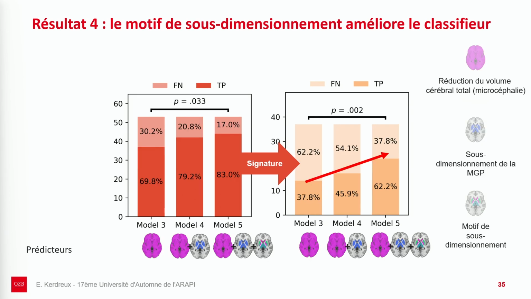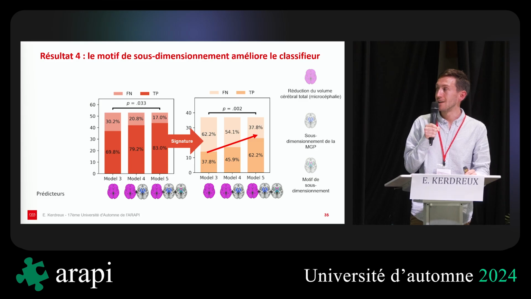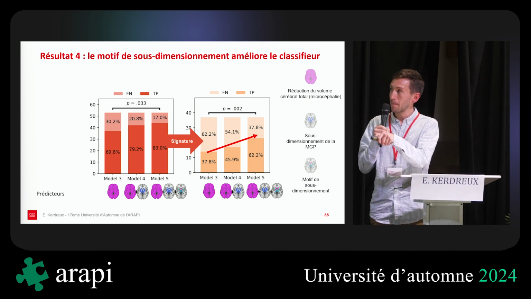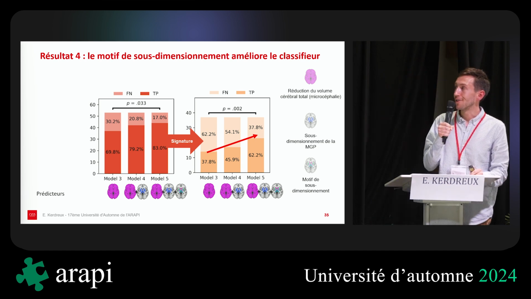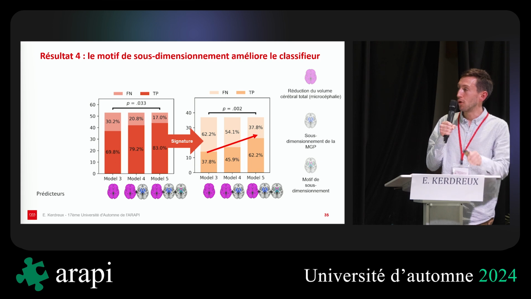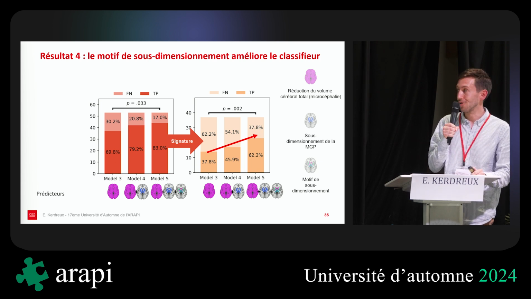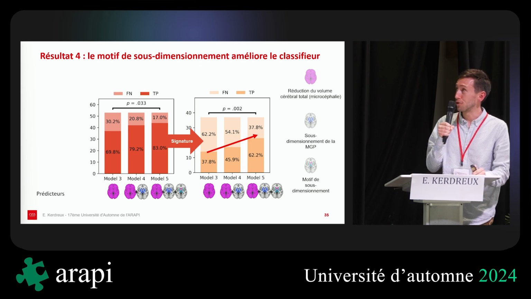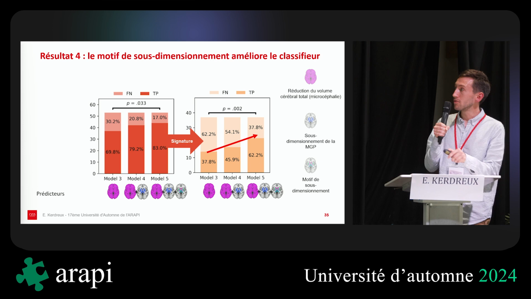But the interesting thing was that we have a classifier based on the microcephaly, which is the only criterion used in the international recommendations, which is very frequent in our patients. 70% of subjects are correctly identified, and when you add the information from the deep gray matter, we increase that.